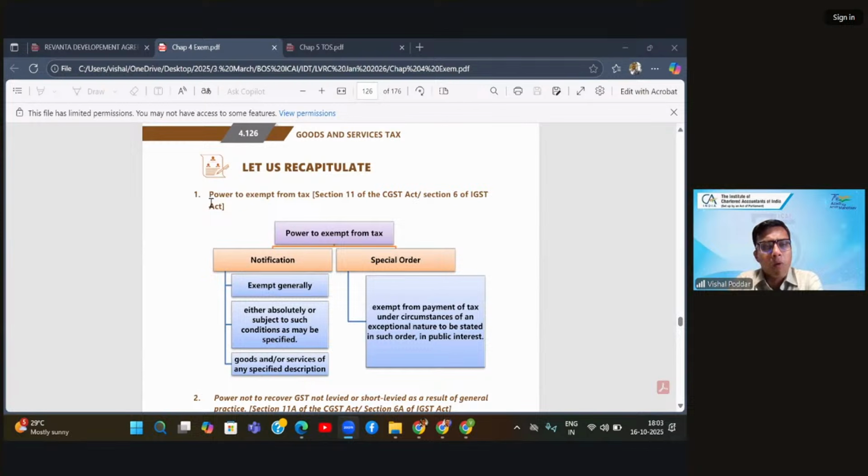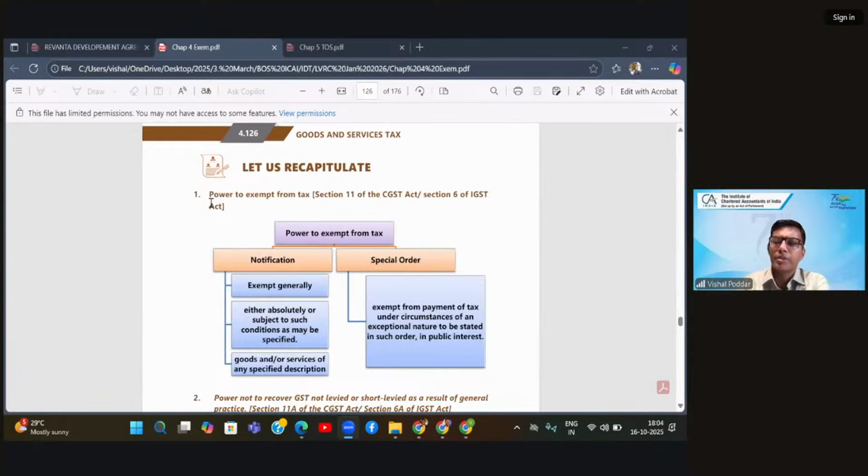Yes, section 23 has given a relaxation whereby if you are engaged wholly and exclusively in exempt supplies, then you are given relaxation from registration.